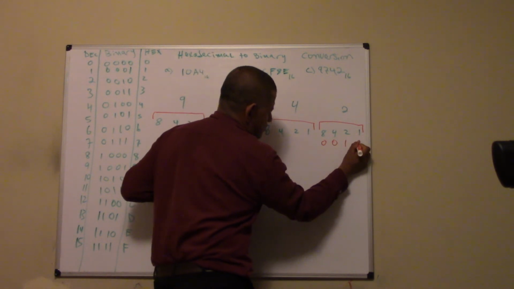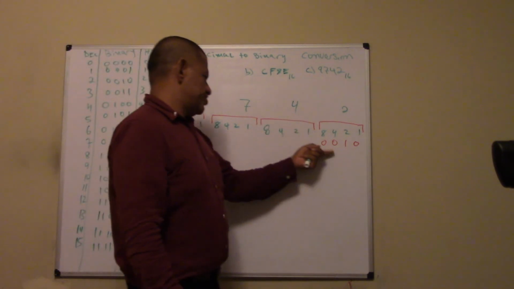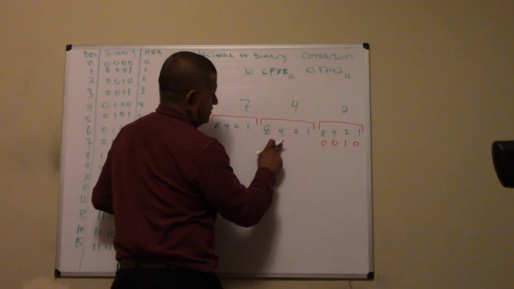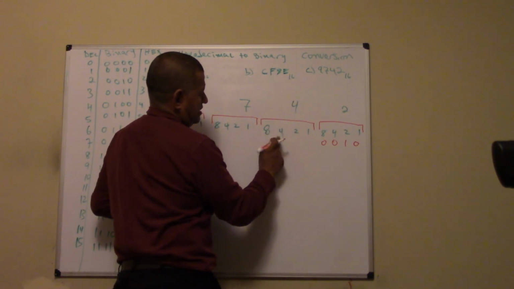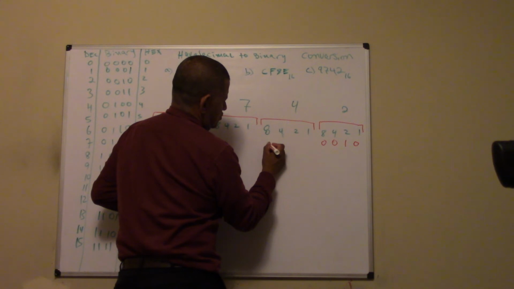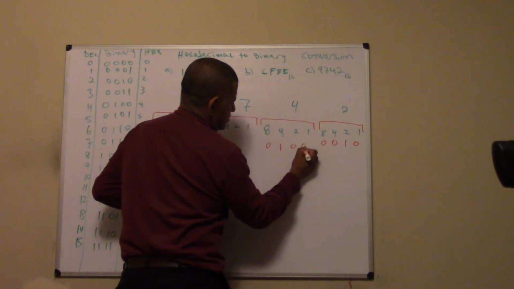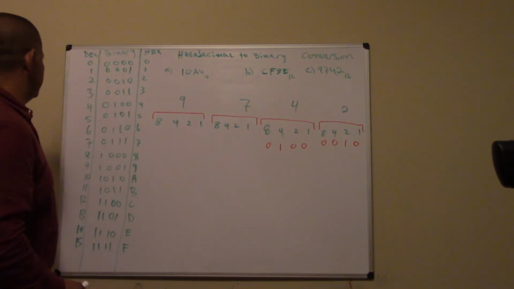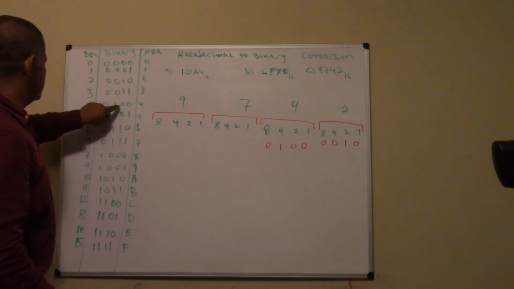So that is 2. Let's do 4. How do I get 4? Well, just by turning this bit on. So 0, 1, 0, 0. That's 4. And again, you can cross-reference it with the table. 4 is equal to 0, 1, 0, 0.